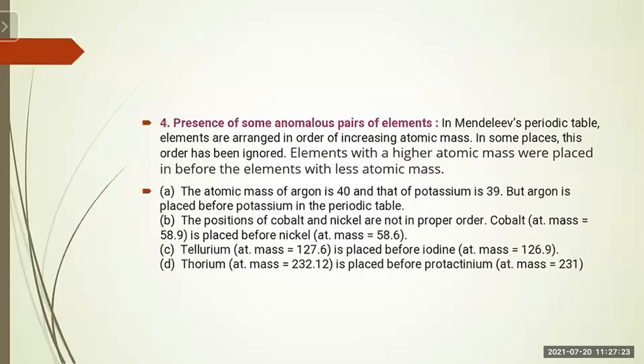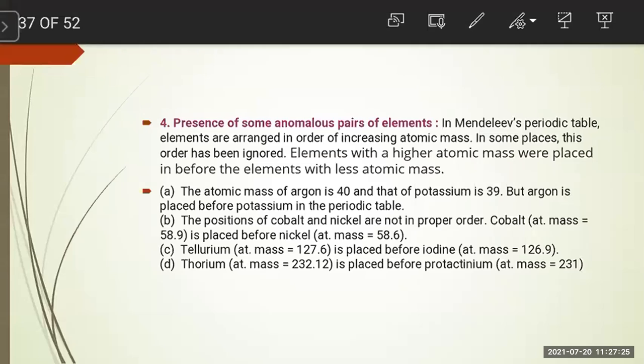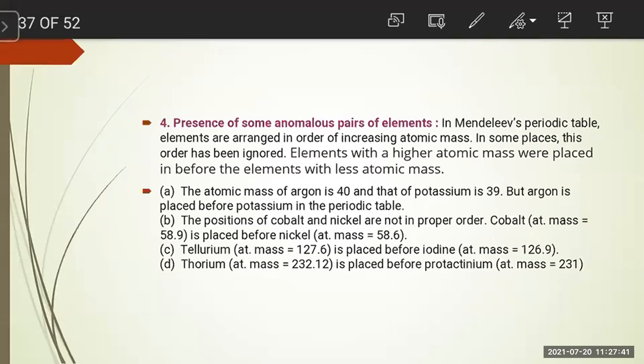We are arranging the elements in the order of their increasing atomic mass, but for some elements you can see that the element with the higher atomic mass is placed before the lower one. So this was also a defect of Mendeleev's periodic table.